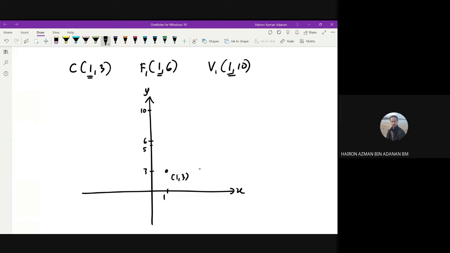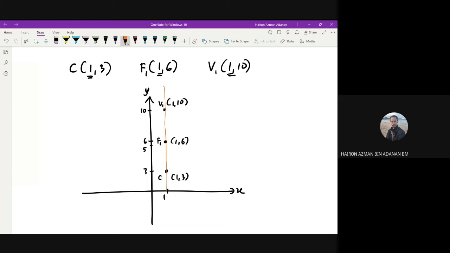Your focus, 1, 6. This is your focus. This is your center. And 1, 10, vertices. So if you draw the axis, this is your major axis.